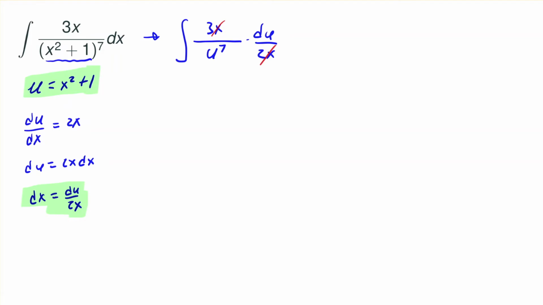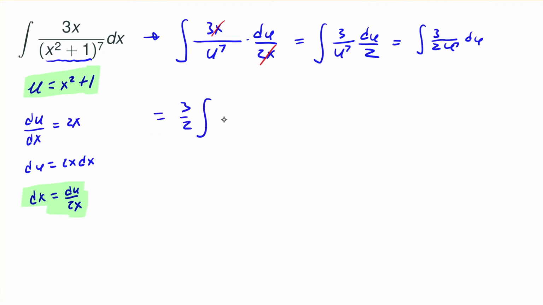So we have 3 over u to the 7th, du over 2, which is the same thing as 3 over 2 u to the 7th du, and we can take this 3 over 2 outside of the integral sign. So 3 over 2 integral, then we have 1 over u to the 7th du.